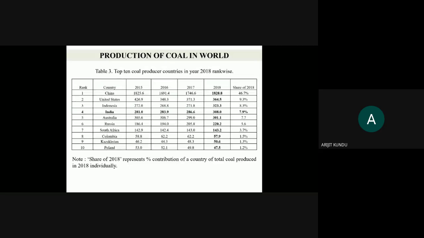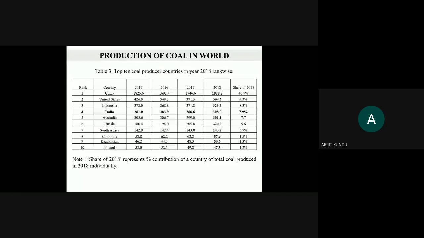You can see in the table the top 10 coal producer countries in the year 2018, arranged rank-wise. You can see China is on top, that I have already discussed, with a share of 46.7%. I have given here data of 2015, 16, 17, and 18. So India is on the fourth position, and some other countries are also available here: United States, Indonesia, Australia, Russia, South Africa.